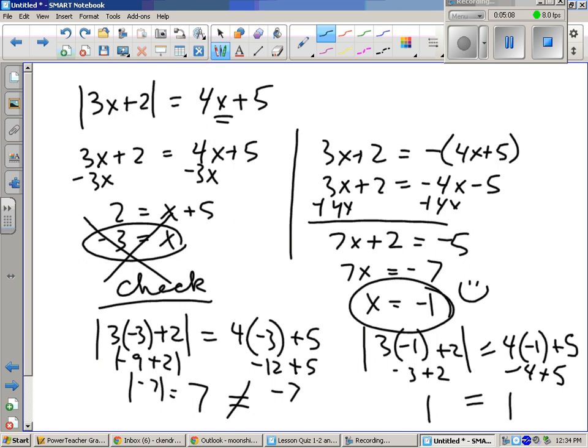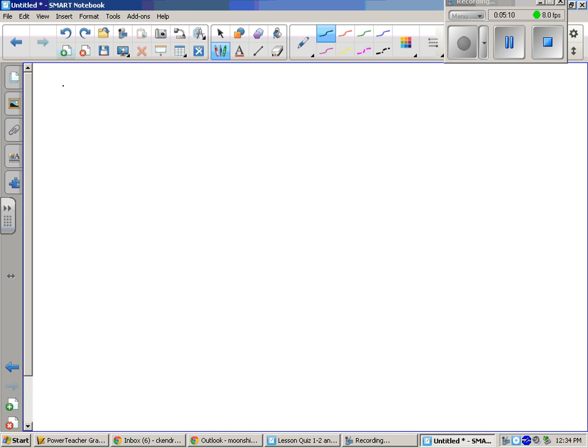All right, so now that you know how to do these with absolute value with an equal sign, let's try one with an inequality sign. All right, so inequalities act a little bit differently because we have less thans and greater thans, and then when the negative gets involved, remember when you divide by a negative, you have to flip it around? Well, that's what we're going to have to do here. So the first set, you write it like normal.